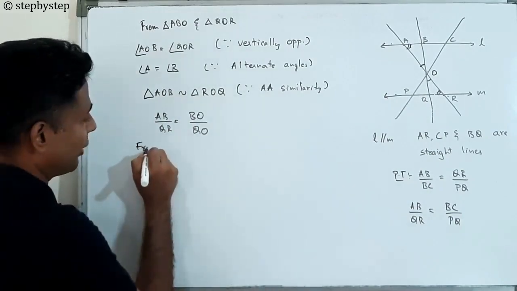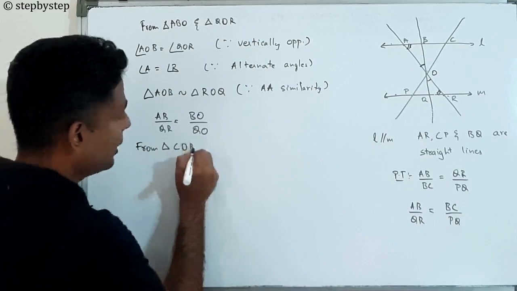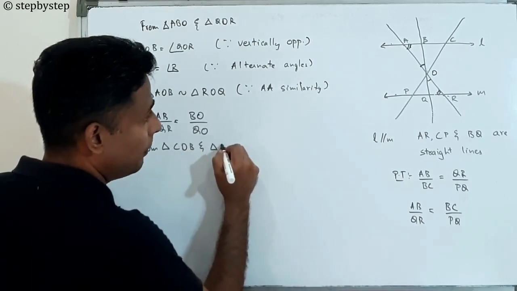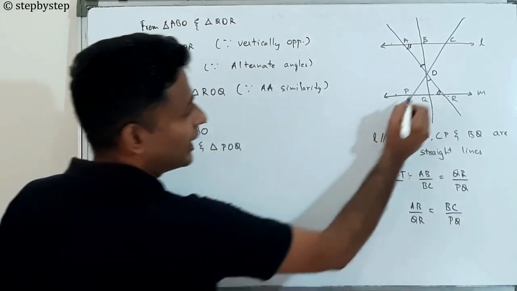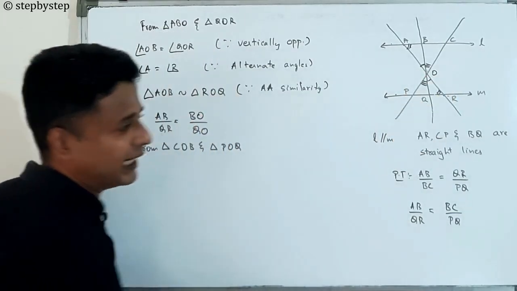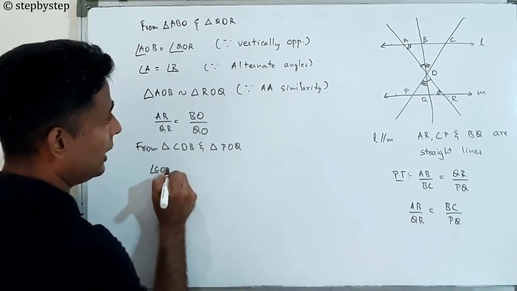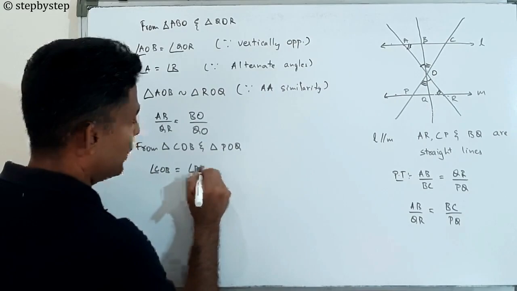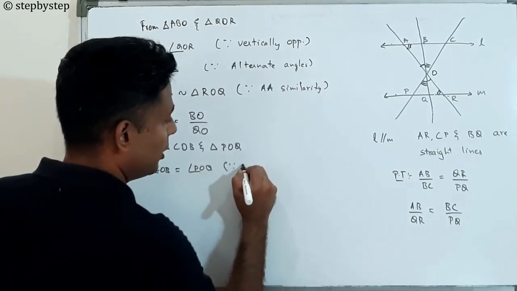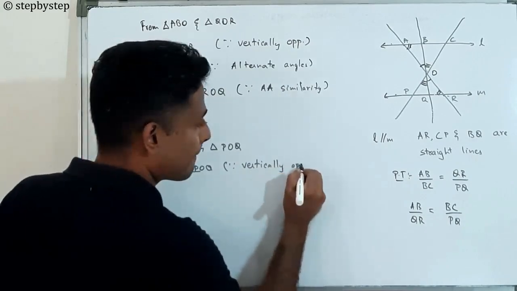Now for this next set of triangles, from triangle COB and triangle POQ, what do we get? Again we have this angle equal to this angle. Why? Vertically opposite. So we have angle COB equal to angle POQ because vertically opposite, right?